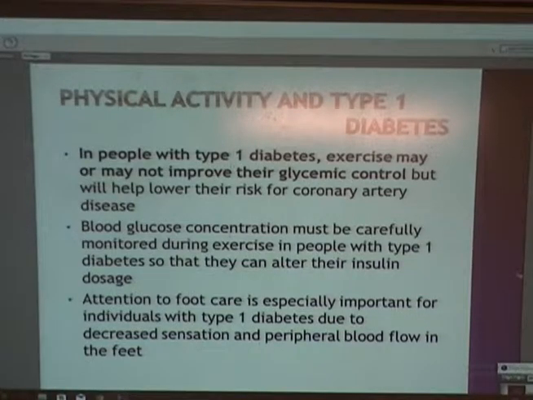Yes? Is type 1 the type where they have to get that shot and put it on that strip? Yeah, type 1? Yeah. Well, actually both of them do, because that prick and the little piece of blotting paper test their blood sugar levels. So both have to do that. And they're really clever, those machines now.